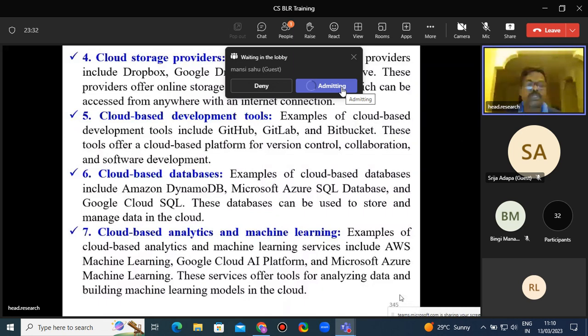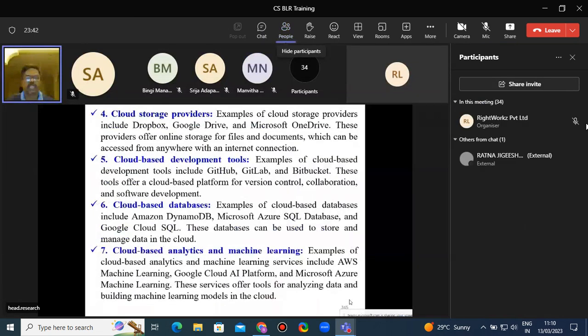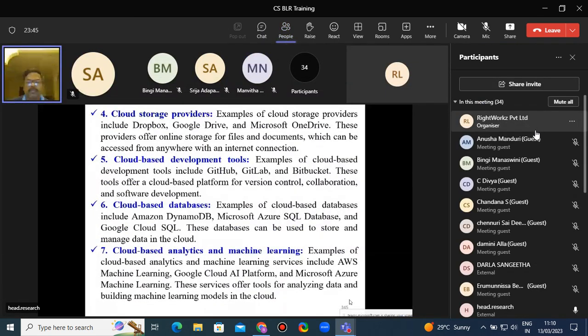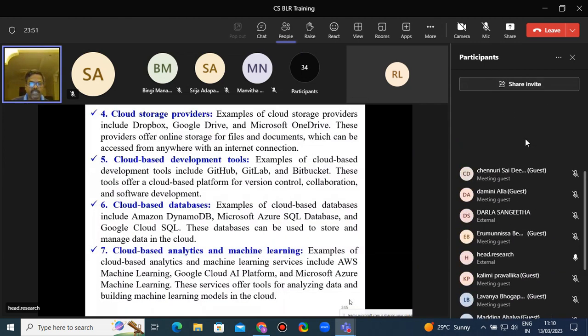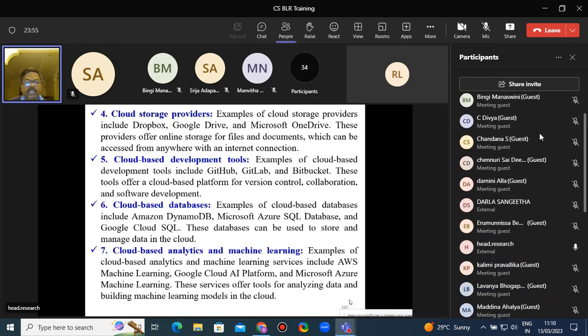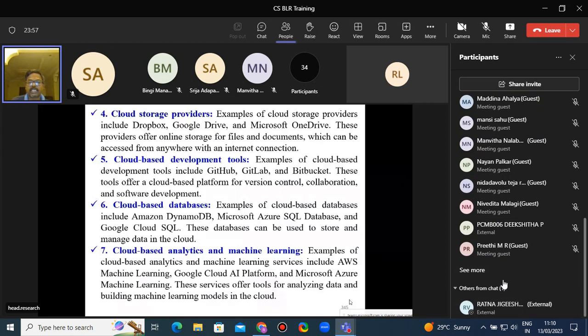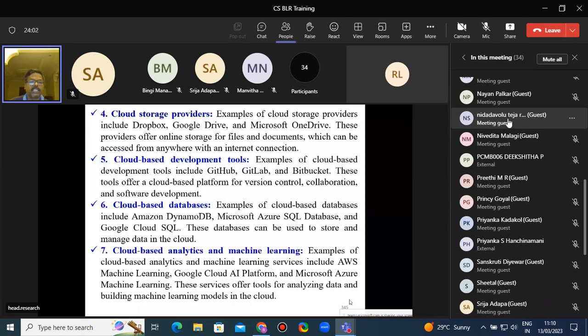These tools offer a cloud-based platform for version control, collaboration, and software development.